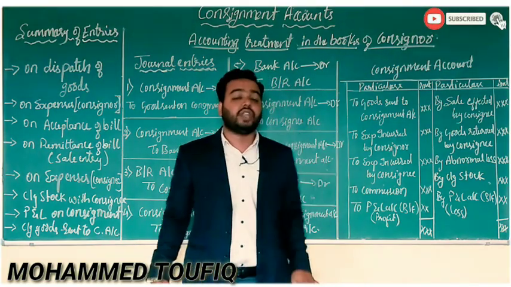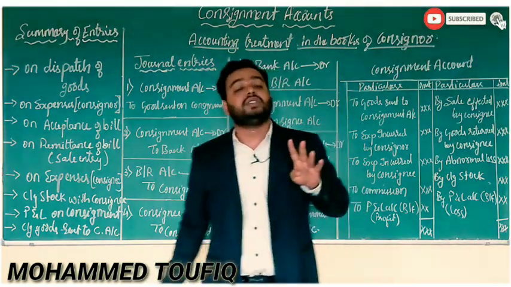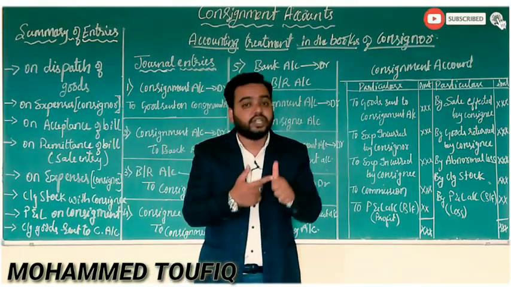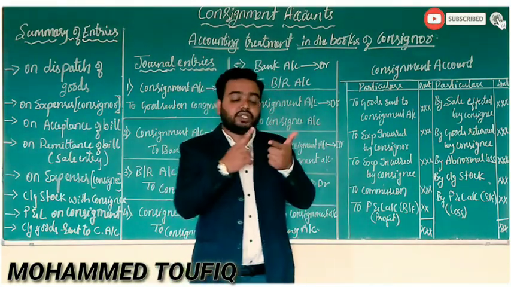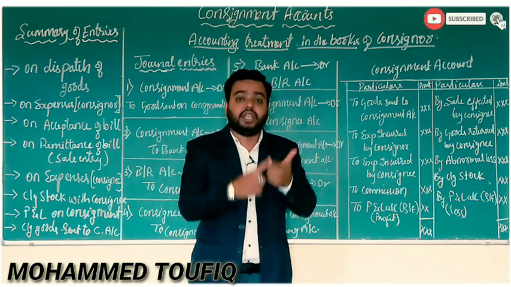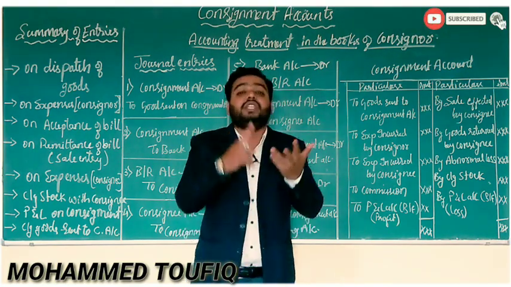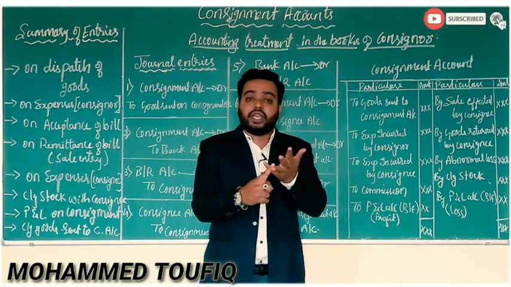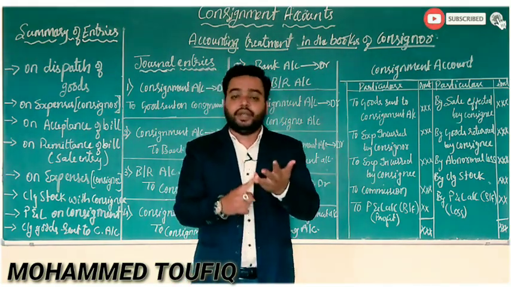Once again I repeat: dispatch of goods, that is goods sent on consignment, expenses met by consignor, expenses met by consignee, and commission paid to consignee. These 4 things you have to take in the debit side of consignment account.